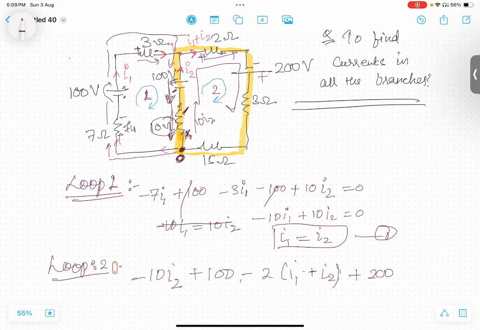Again, when we cross this 3 ohm resistor, we are going to get a drop because the current is going from plus to minus. So we are going from higher potential to lower potential in the loop. So we are losing minus 3(I1 plus I2).